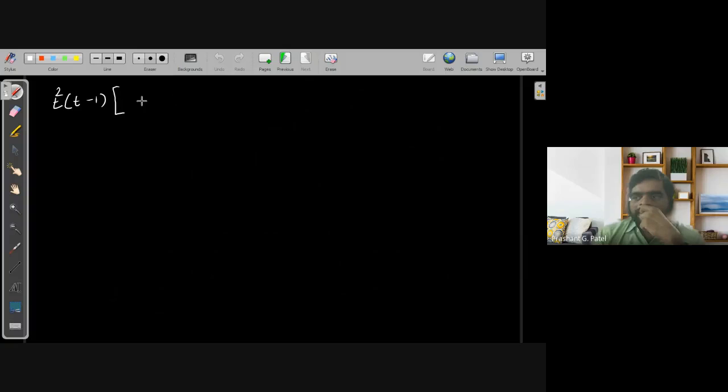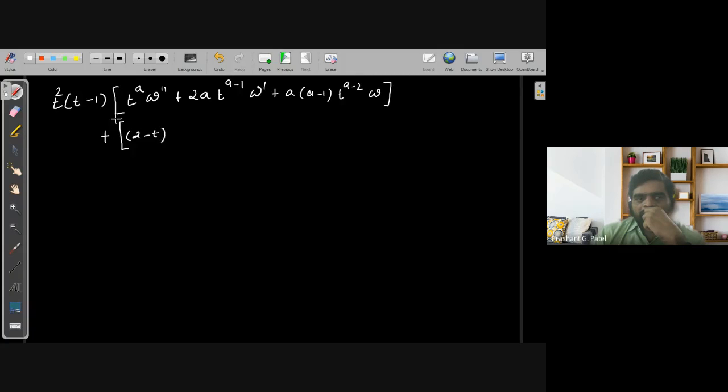So that is t power a w double dash plus 2 times a t power a minus 1 w dash plus a into a minus 1 t power a minus 2 w plus the quantity that we have, it is 2 minus ct plus a plus b minus 1 into t into y dash or dy by dt.